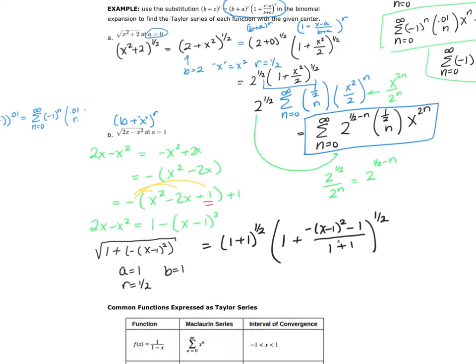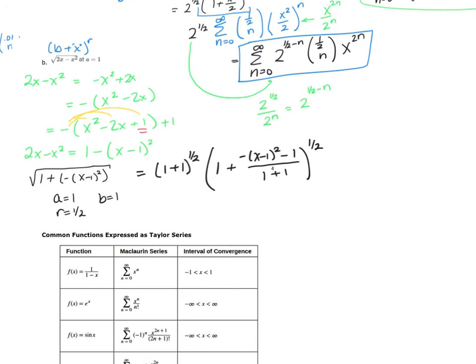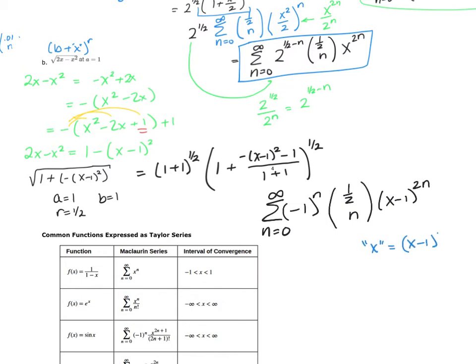Now, we know that if we were to start writing this out, we would have a negative sign. So that means this is the summation of n equals 0 to infinity of negative 1 raised to the n, 1/2 choose n, and my quote x is the x minus 1 raised to the 2n, because my quote x is really x minus 1, the quantity squared.